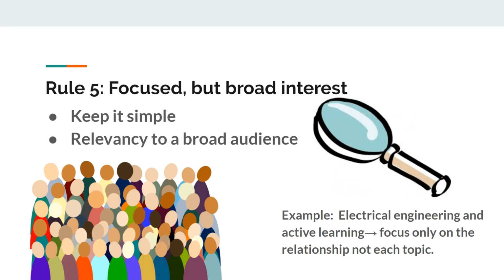I would pick the history of the relationship between electrical engineering and active learning, meaning I would be studying the education approaches in electrical engineering. Otherwise you could get into a rabbit hole. Focus on the relationship of the topics if you have multiple topics, but make sure it's relevant. So it's really this happy medium.